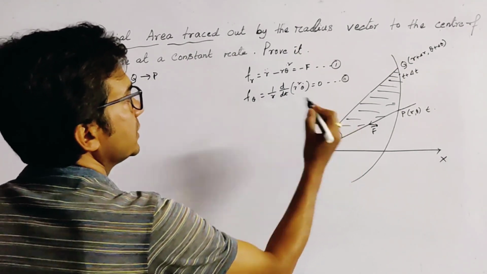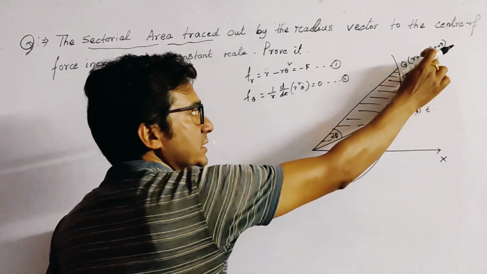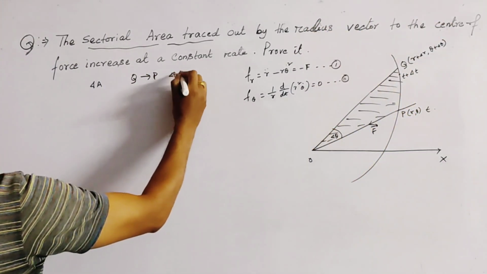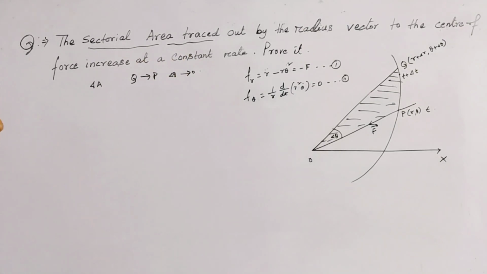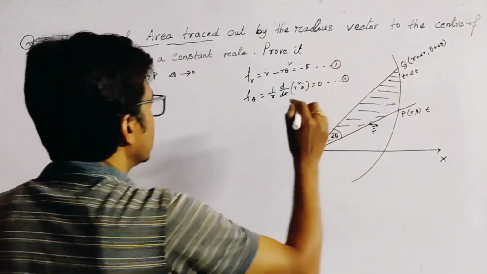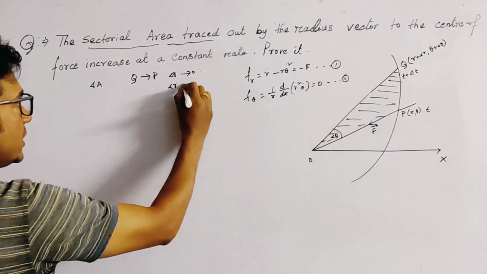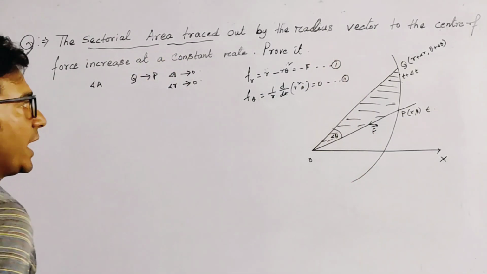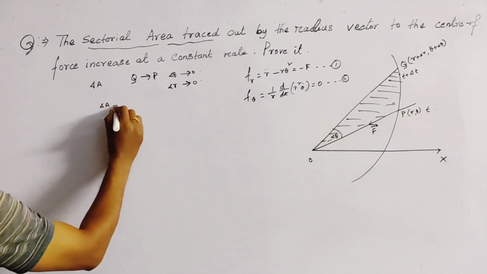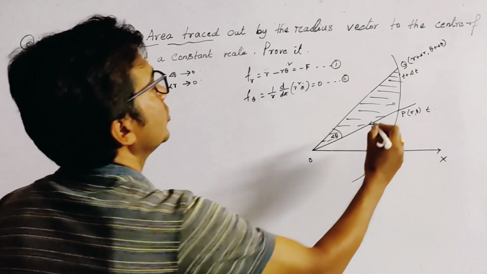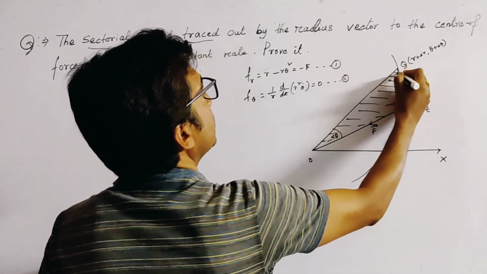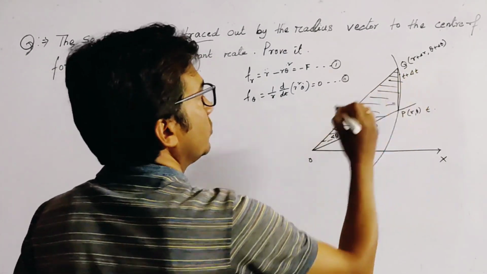Now, when Q tends to P, this angle delta theta, because this is theta and this is theta plus delta theta, tends to 0. Also, this is r and this is r plus delta r, so delta r tends to 0, and the sector delta A tends to the triangle OPQ, if we draw the chord PQ.